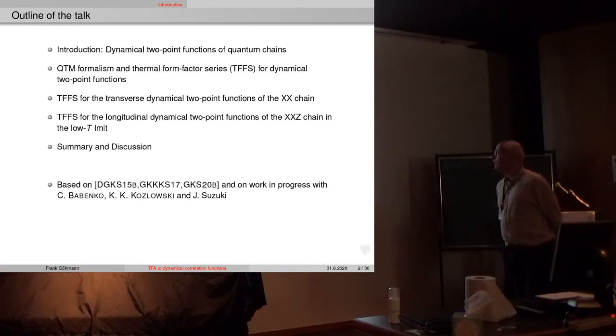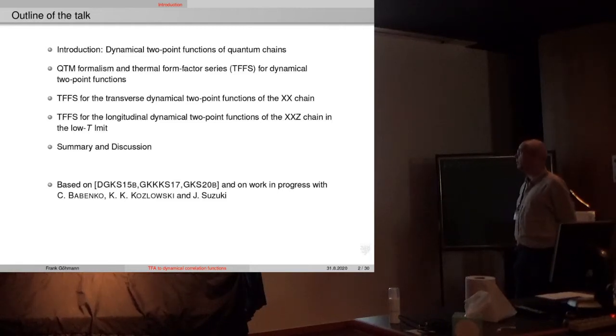Since I'm giving you an overview, this includes some older work of the last 5 years, and I'll be explicitly referring to some work with my former student Maxime Dugave, and also work done with my colleagues at Wuppertal, Karbach and Klümper.